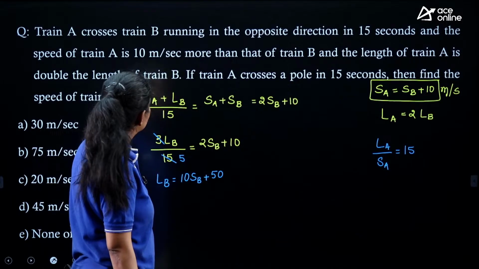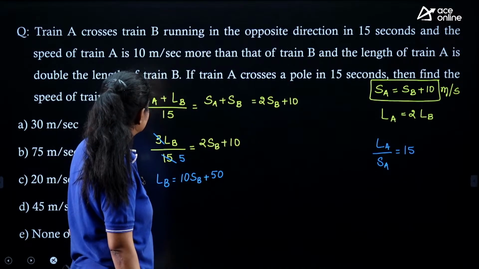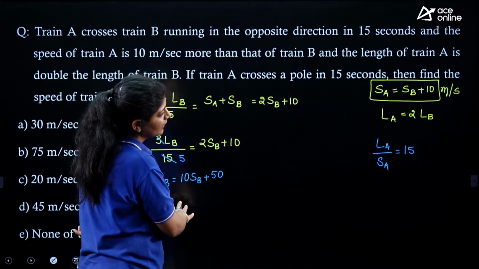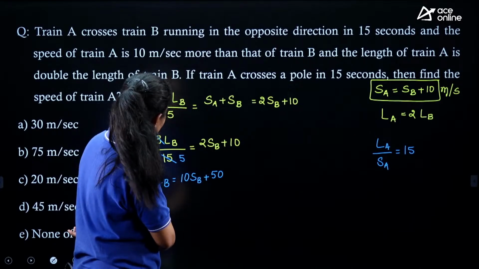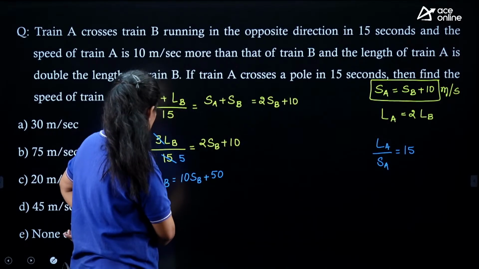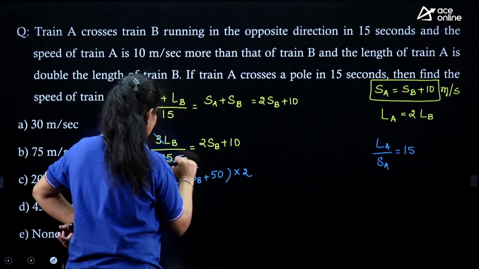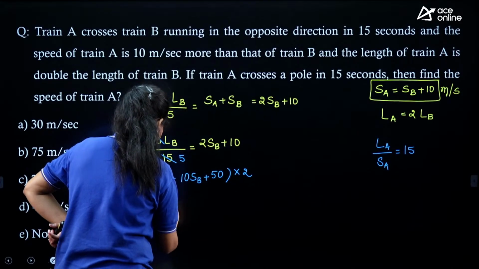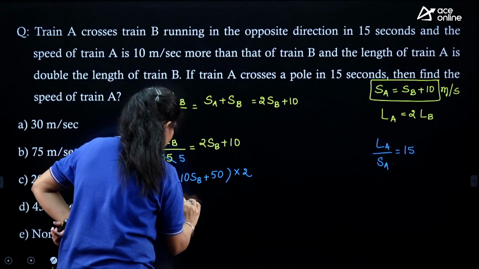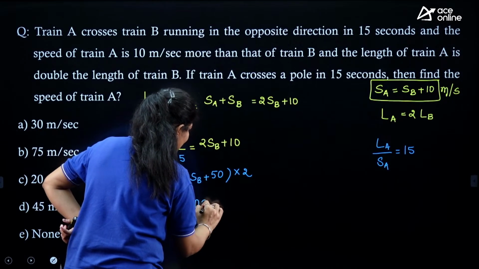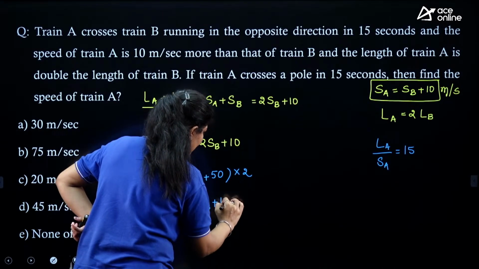So, let's solve it like this only. Now, what if we multiply it by 2? I'm just multiplying it by 2. So here we are getting 2LB is equal to 20 SB plus 100.